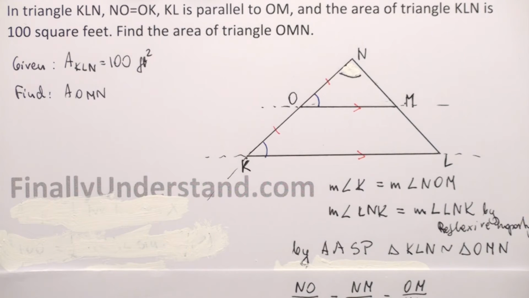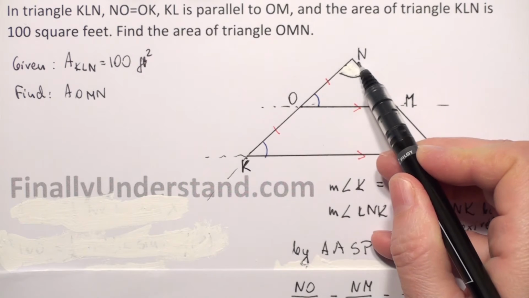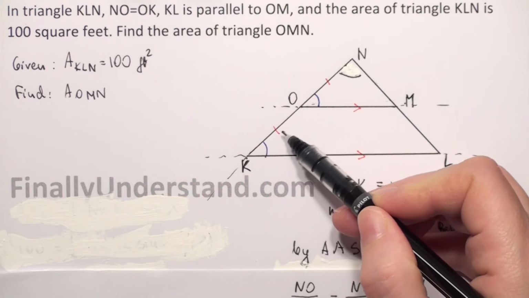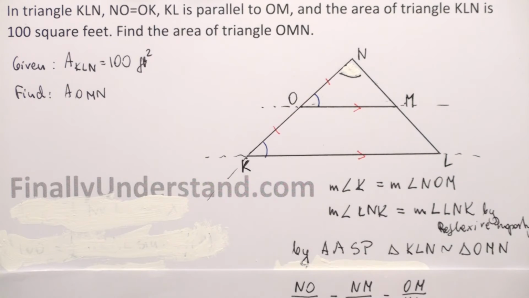So because NO is equal to OK, we can write that side NK is equal to 2NO.